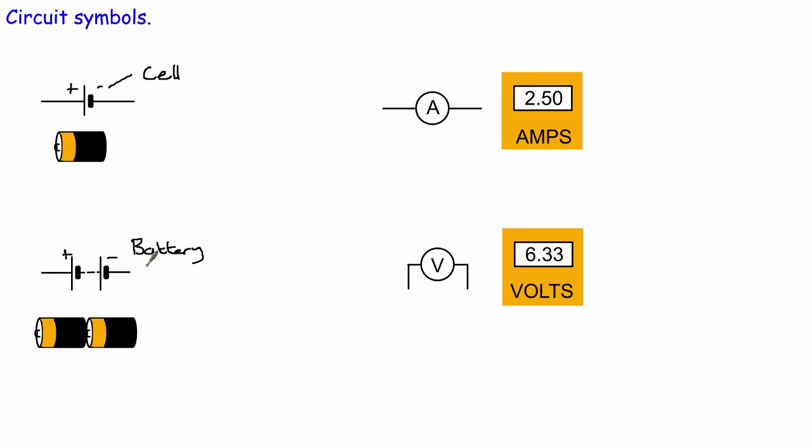Now both cells and batteries provide a potential difference, and potential difference, if you remember from before, is measured in volts. So that's why it's often called a voltage. The correct term that all exam papers will use is not the word voltage, they'll use the word potential difference. Now there's two very important quantities that we look at when we look at circuits.